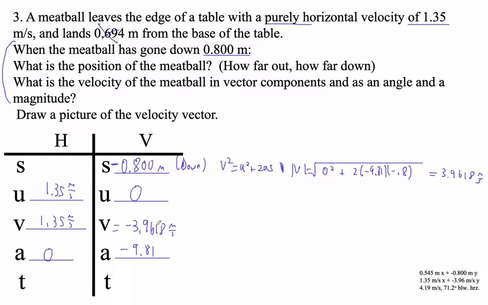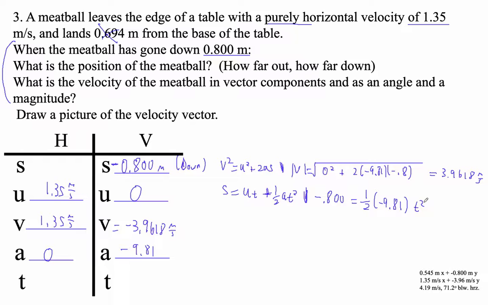Because these are cliff problems, everything goes down. And then for the time, I'm going to choose this formula, s is ut plus 1/2 at squared, to find the time. That's my favorite. So negative 0.800. The initial velocity is, of course, 0, so it's just 1/2 times negative 9.81 times t squared.